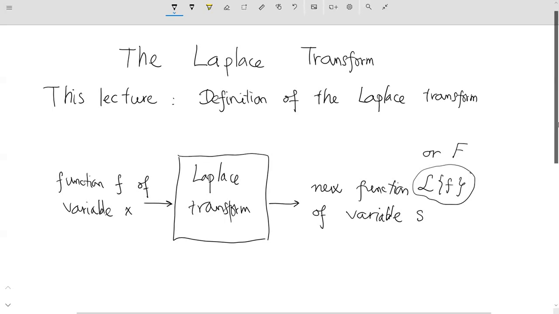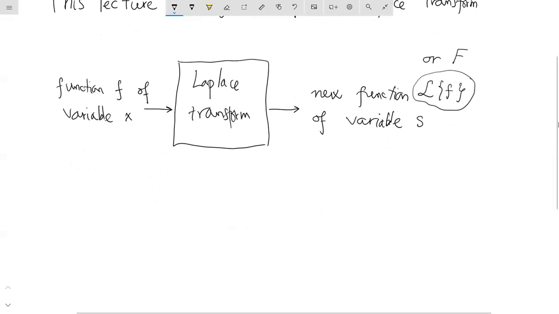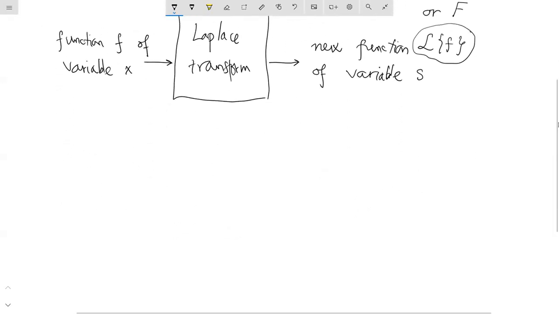So the definition of the Laplace transform gives us a formula which tells us how to compute the new function in terms of the given one.